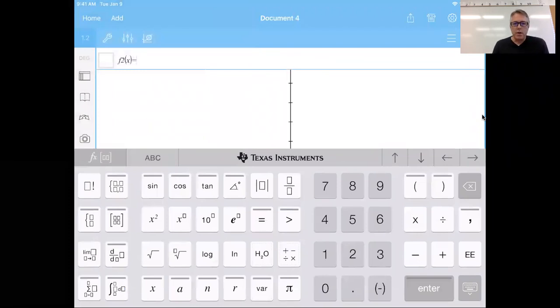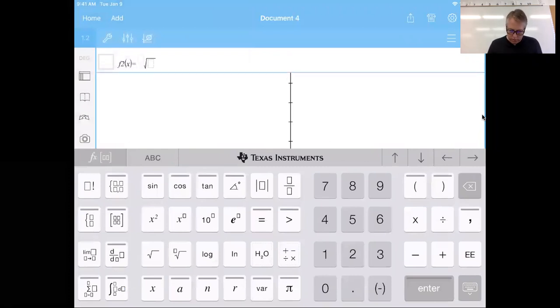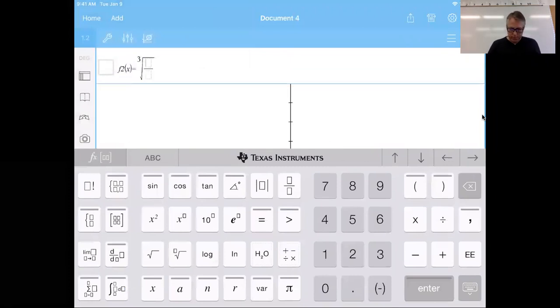And now I'm going to type in my second graph, the cube root of x plus 1 over 2.